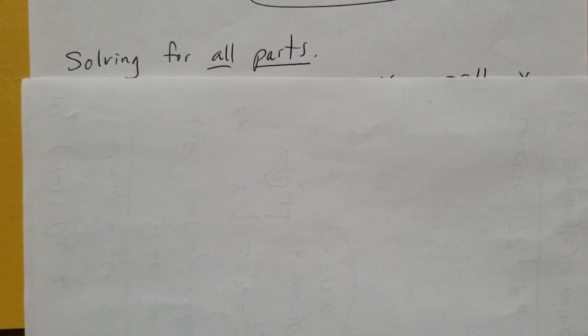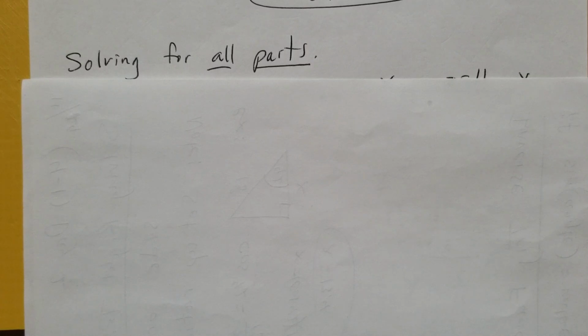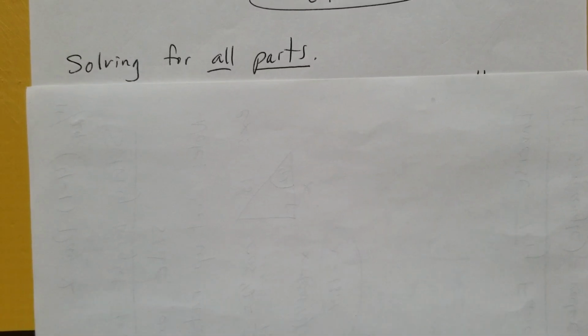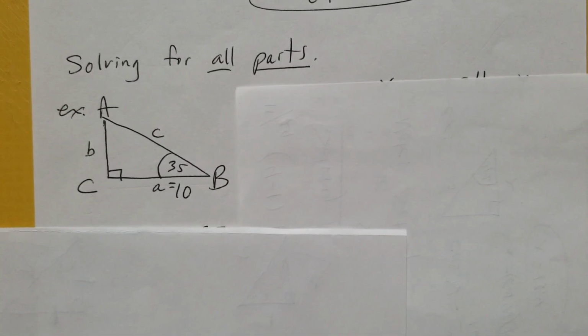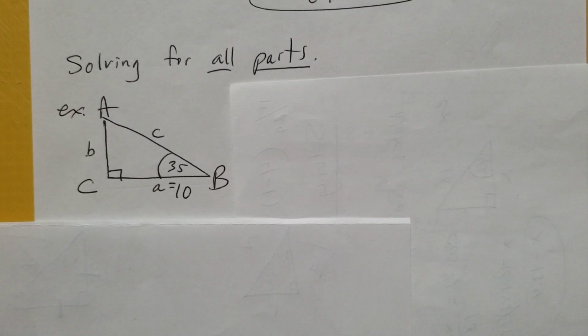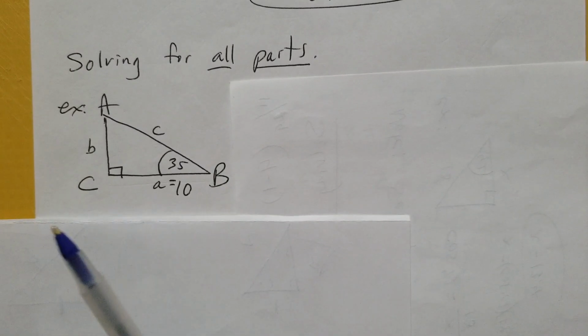since we know how to find missing sides and missing angles, we can solve for all the parts. I can give you one triangle and say find all the missing parts. Look at this one. What do we have here? We have a right triangle.